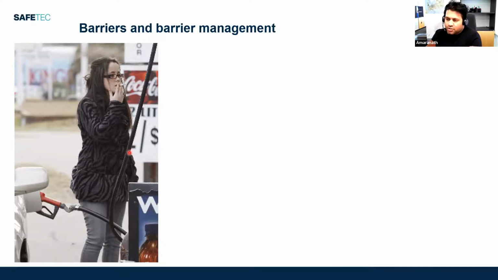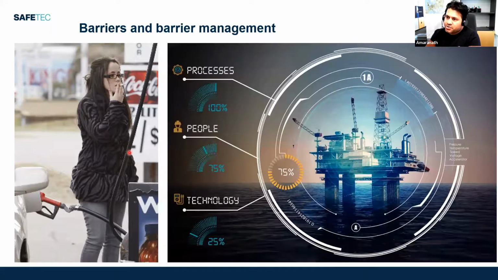Therefore, you need to consider the operational elements of barrier management, or safety, in addition to the technical design. When it comes to barrier management in general, you have three different types of barriers that you can control and focus on.